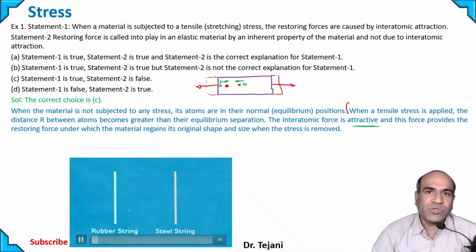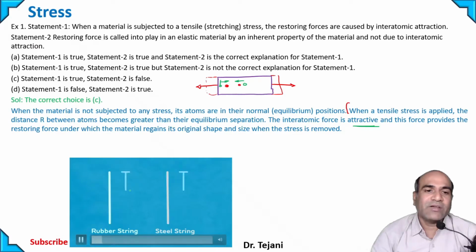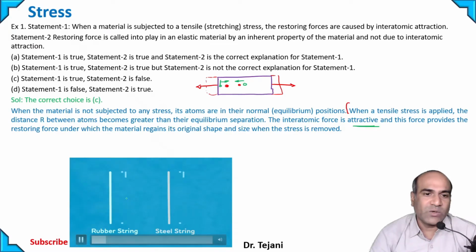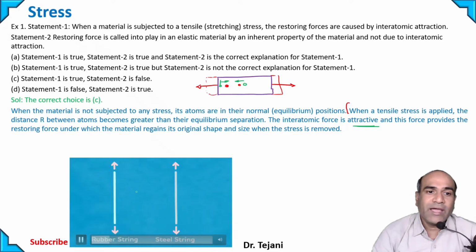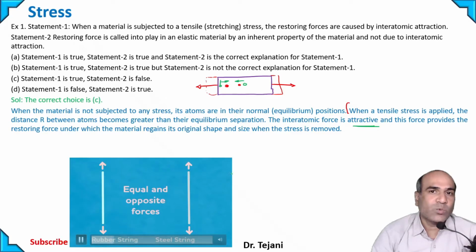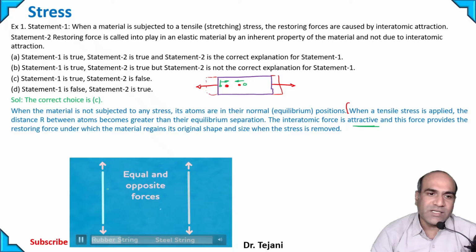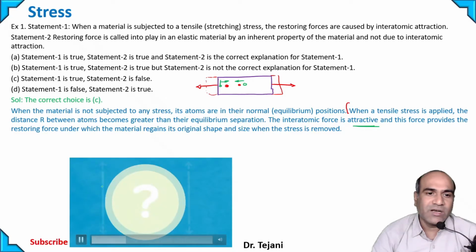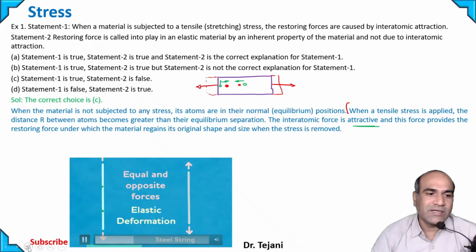So a rubber string, we have taken equal diameter, equal length, and equal force applied. When the force is increased, let's see: one molecule is here, second molecule is here. Initially the molecule was here.